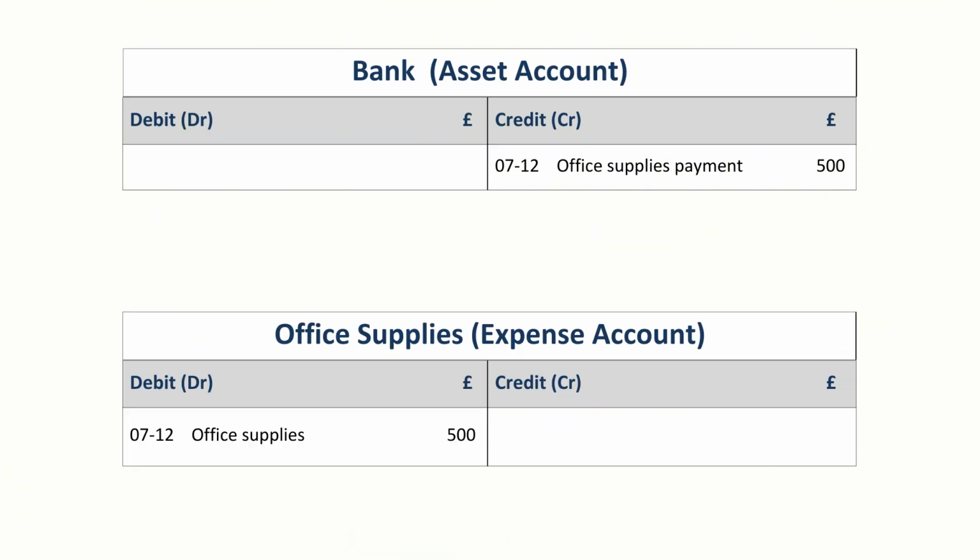We paid for our office supplies £500, so our double entry will be debit office supplies £500 because our expense increased, and credit bank £500 because our cash decreased. Office supplies is an expense, and expenses always increase on the debit side. The bank account is an asset, and assets decrease on the credit side when we spend money.